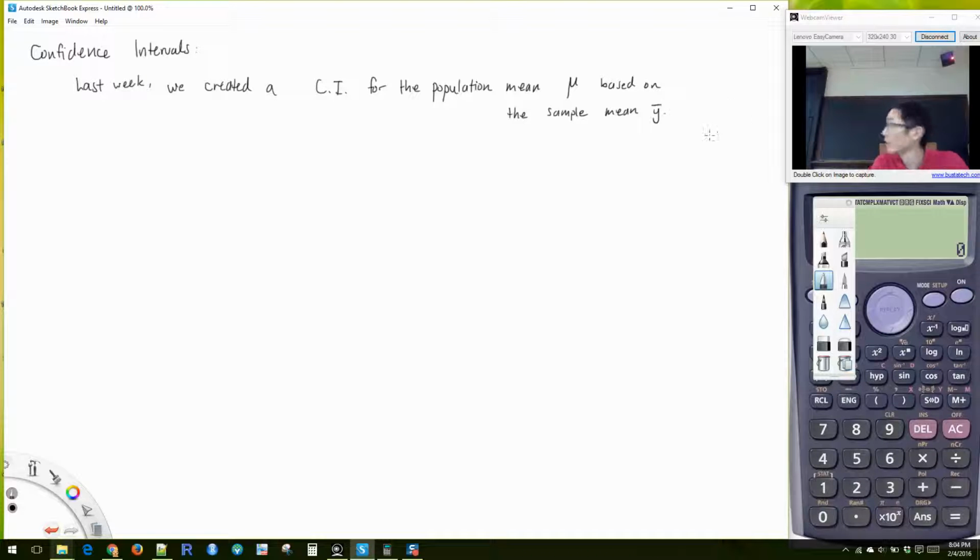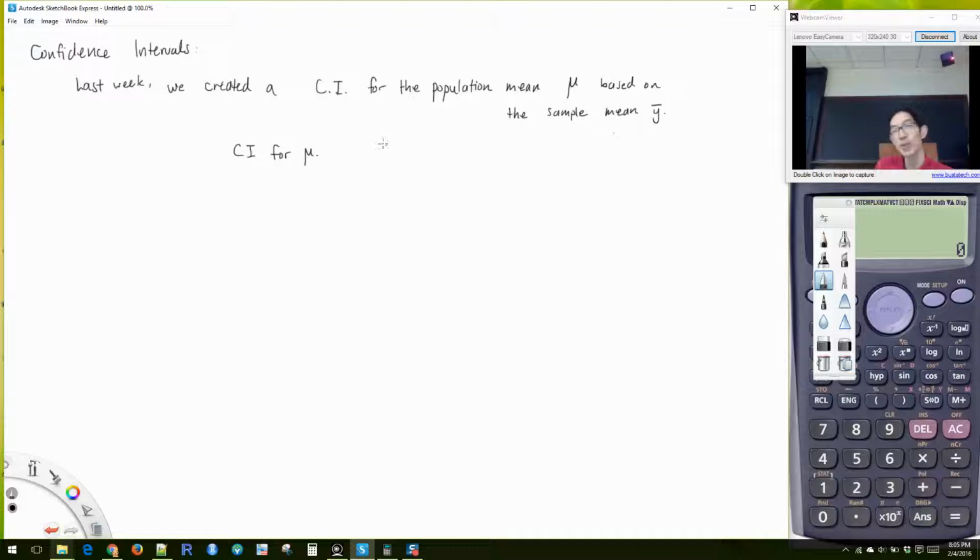Or in short, we would just call it a confidence interval for mu. When you say I'm making a confidence interval for mu, the confidence interval is always for something about the population based on the equivalent version from a sample, right?